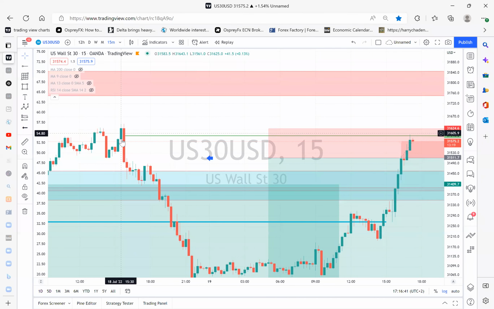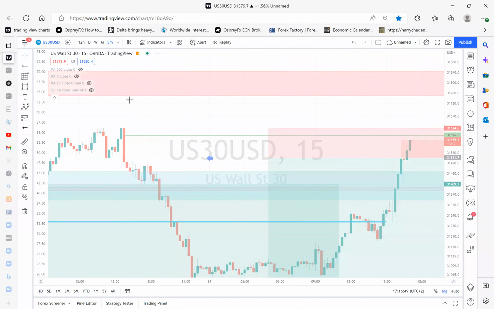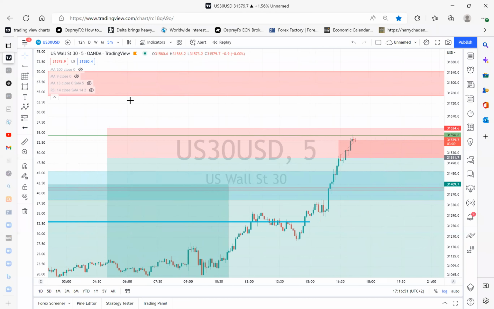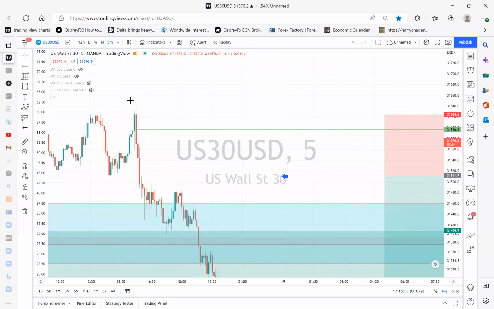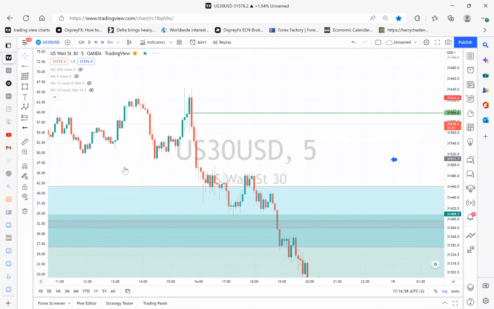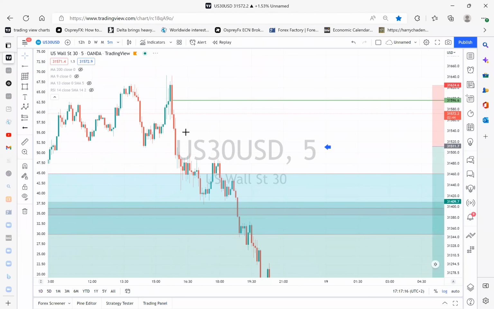On the 15-minute chart, it's a little bit higher. And on the 5-minute chart, this is the bottom of the order block that price never tapped into. Price never came back and tapped into this order block until today.